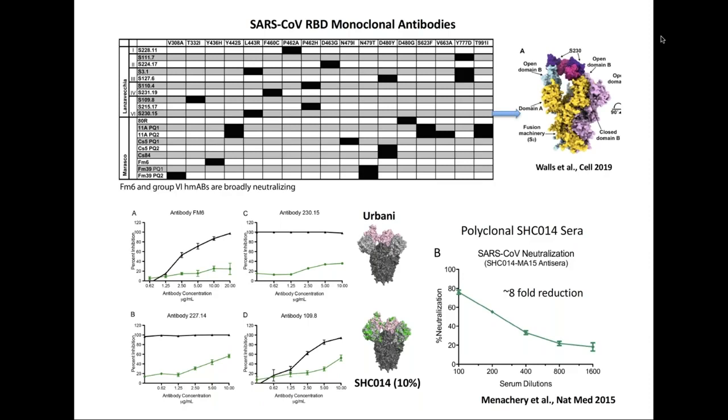When you vaccinate animals with the SHC014 spike glycoprotein, which again is 10% different, you see about an 8-fold reduction in the neutralization titers to SARS coronavirus, which is shown on this slide, and this was published sometime earlier. Next slide.